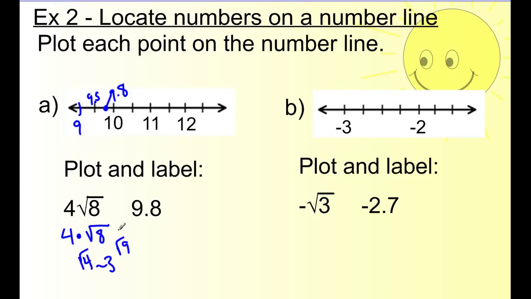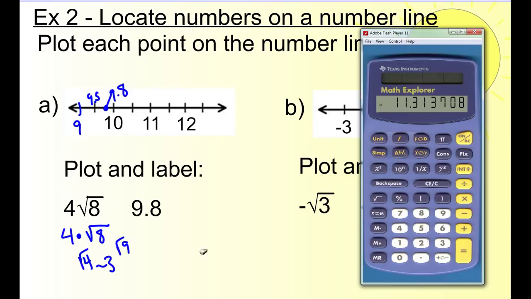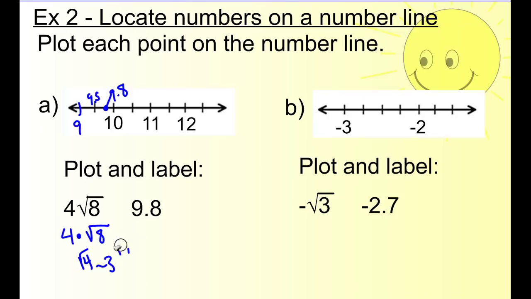So this square root of 8 is almost square root of 9, which is 3. And 4 times about 3 would be about 12. Now that's not very accurate. Using the calculator was much better. I mean, we got 11.3. So if I'm going to do this, I would probably do it using a calculator if you have one available. So 11.3, let's see, 11, this again would be 11.5. So 11.3 would be less than that, probably about here.